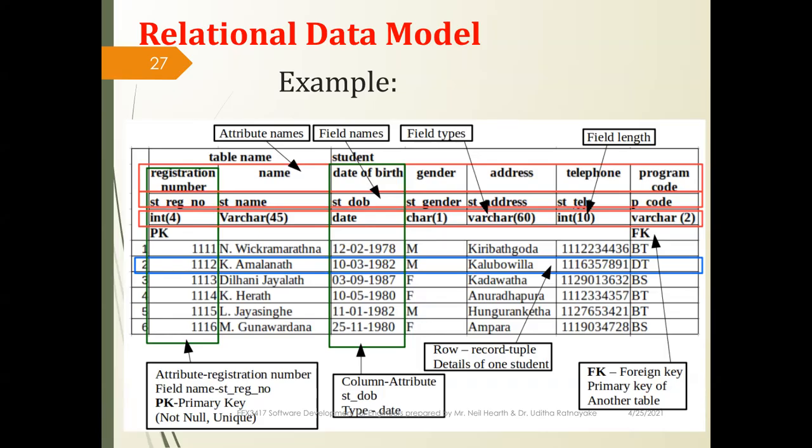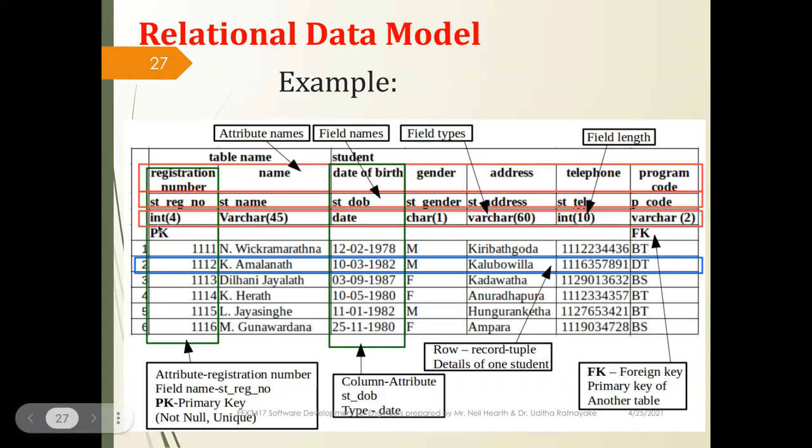And the other thing is they can't write spaces. So here, st underscore DOB, st underscore name. Field types are varchar, char, date, varchar, integer. The field length is here 10, 2, like that. Here the foreign key is like this.